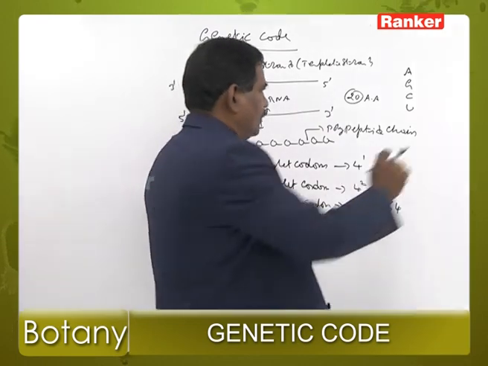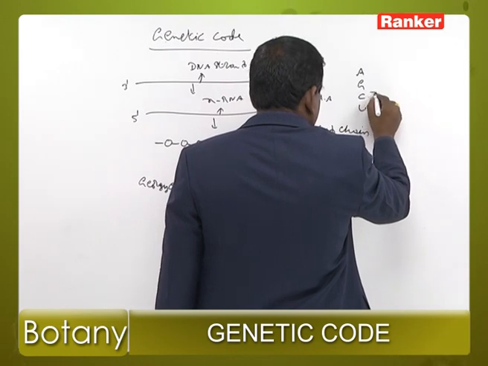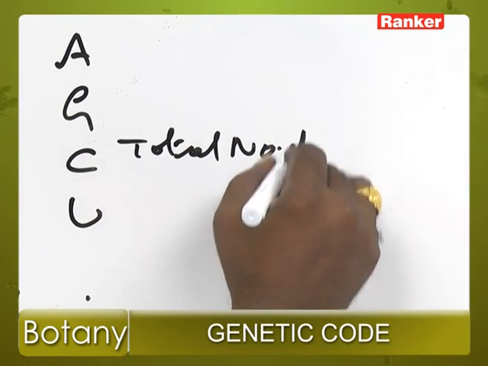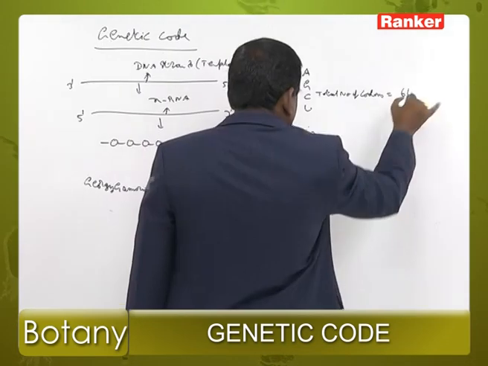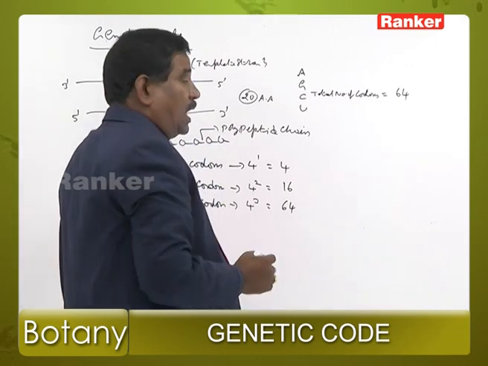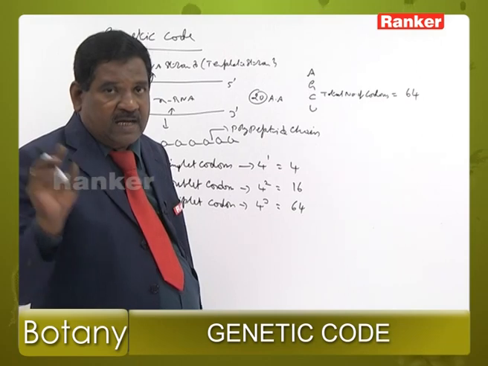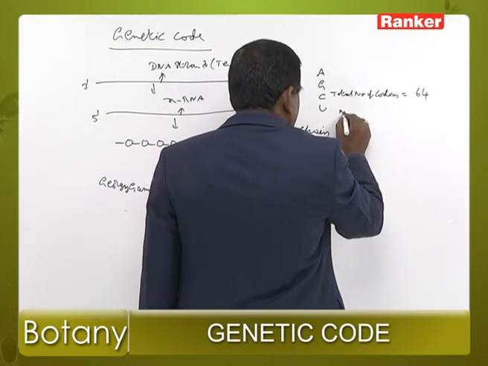Now, total types of codons. Total number of codons is 64. Out of 64, 3 codons do not recognize any amino acids. They are called nonsense codons.